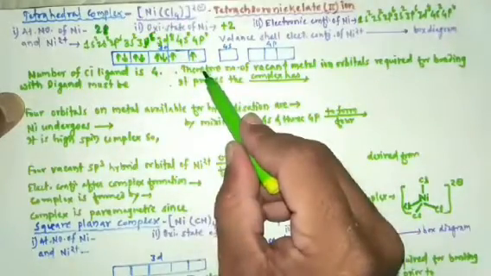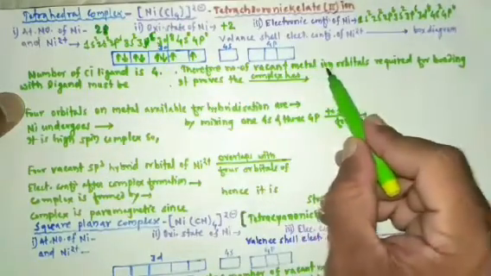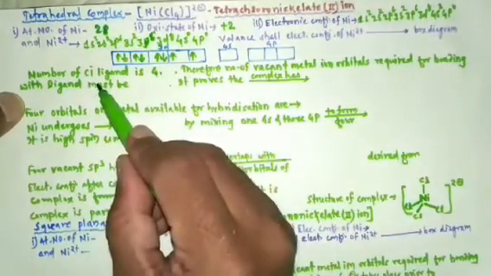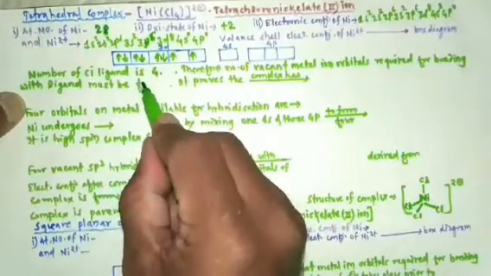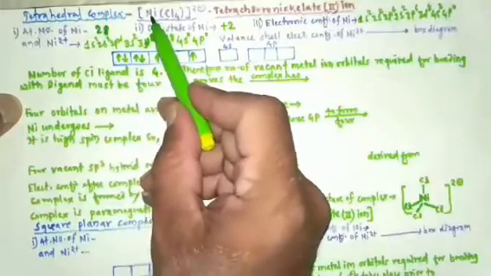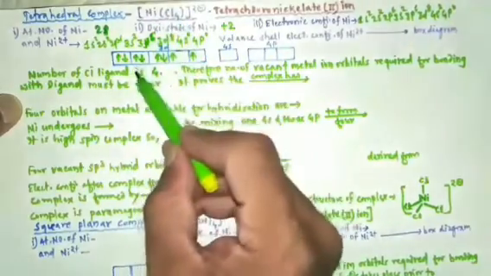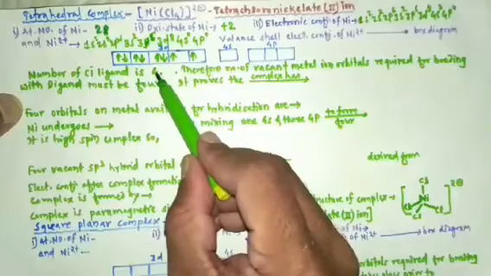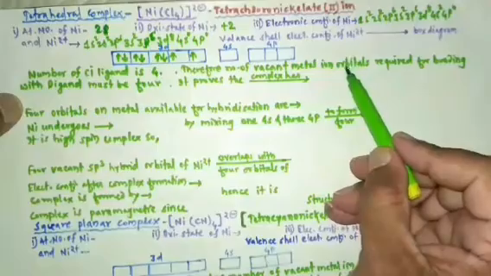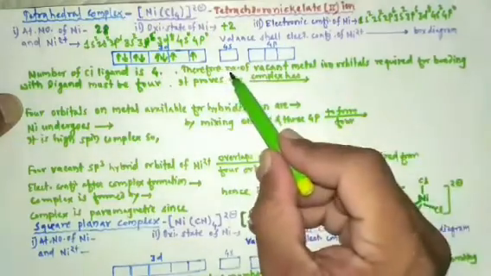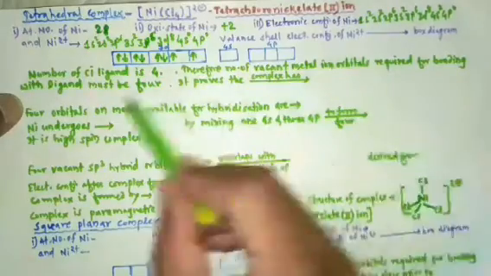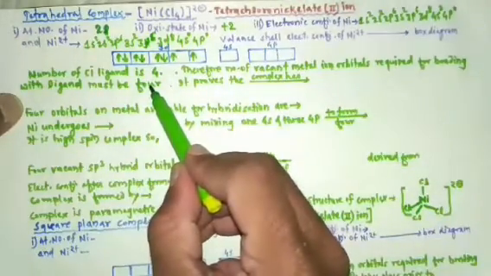Therefore, the number of vacant metal ion orbitals required for bonding with the ligands must also be 4, since the number of chloride ligands is 4.